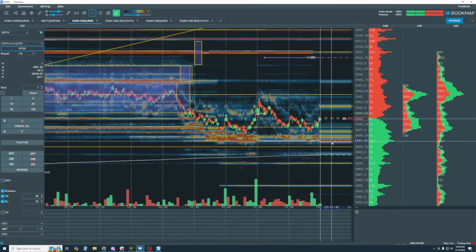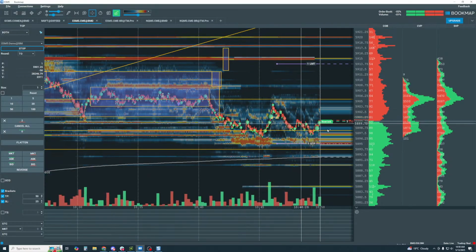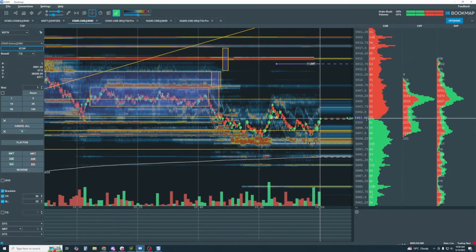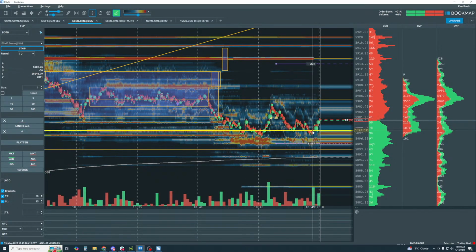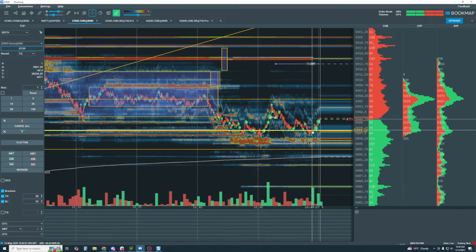Another risk in this environment: I think volatility in the VIX has gone down quite a bit.